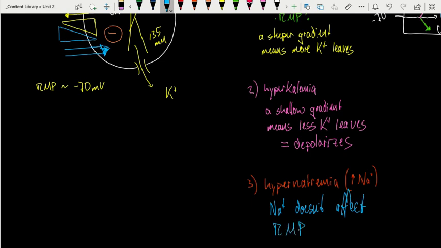Neither does calcium, neither does magnesium, neither does chloride. There are no other doors open at rest. The only ion that's allowed out of the cell or into the cell is potassium, and that's the magic of resting membrane potential.